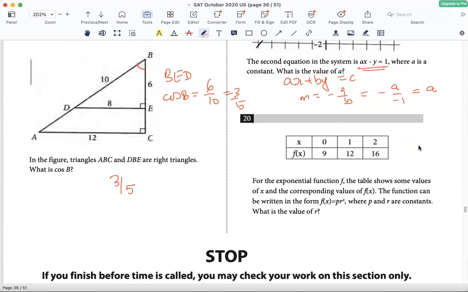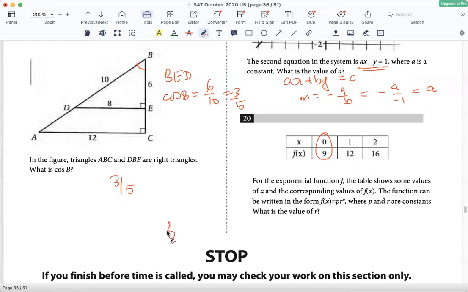For the exponential function f, the table shows some values of x and the corresponding values of f of x. The function can be written in the form f of x is p r to the power x, where p and r are constants. What is the value of r? So we know that p is 9, right? Because the y-intercept is 9. When x is 0, f of x is 9, right?